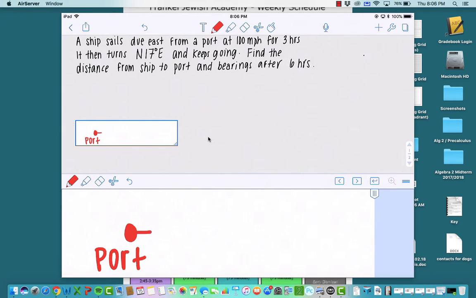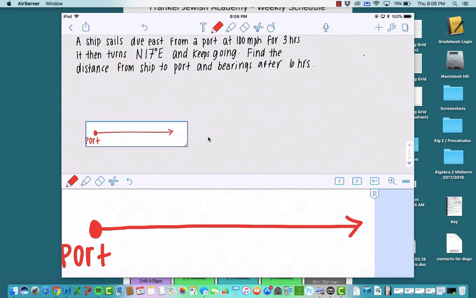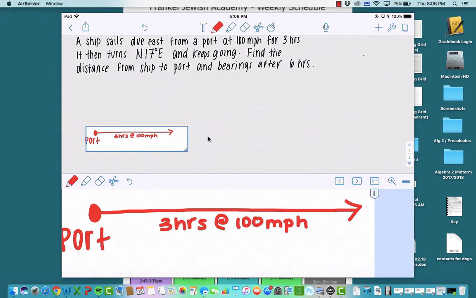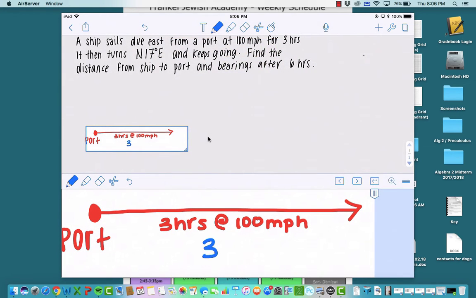The ship starts by sailing 3 hours east, at 100 miles per hour, which is 300 miles, because 3 hours at 100 is 300 miles.